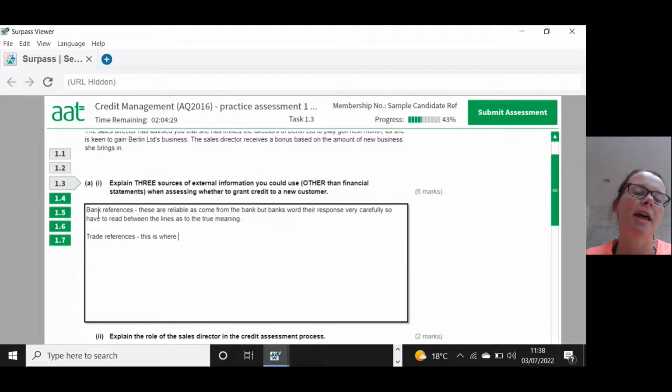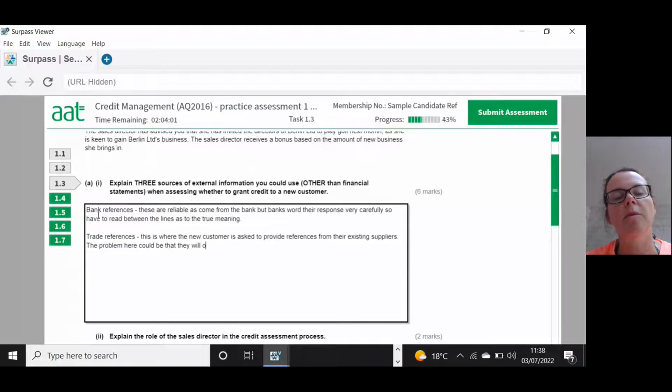So this is where the new customer is asked to provide references from their existing suppliers. The problem here could be that they will only give the names and details of those suppliers they know will give a good reference.